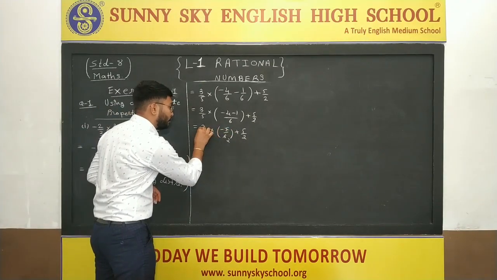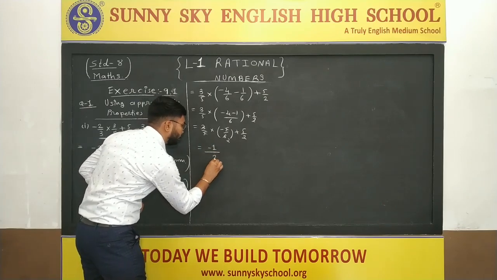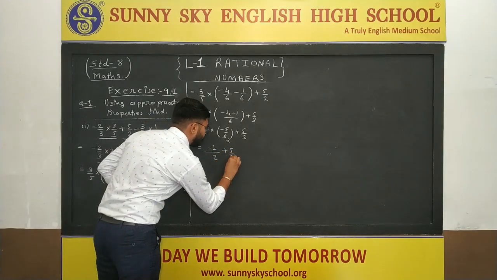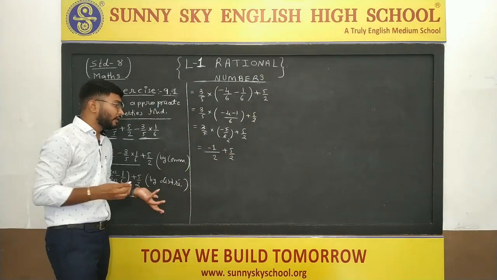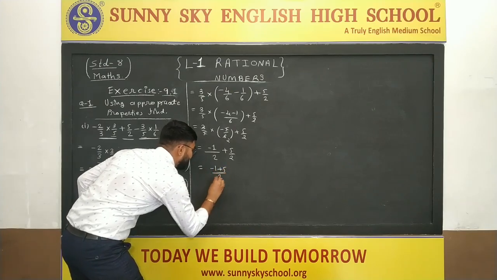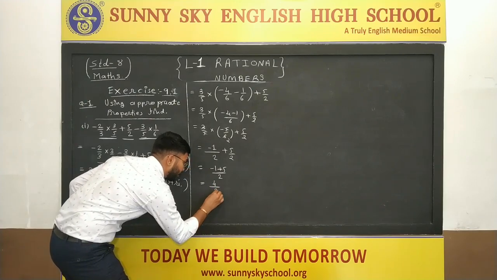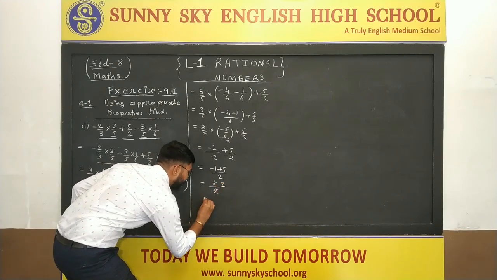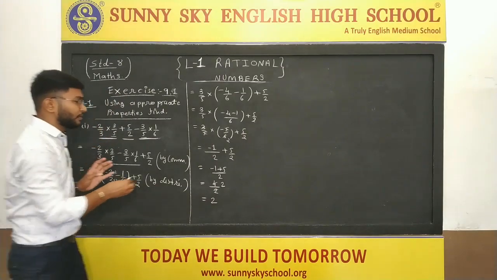Here also 1, here also 1, 1 1s are 1, therefore minus 1 divided by 2 plus 5 by 2. Both have the same denominator, therefore directly we can do minus 1 plus 5 divided by 2. Minus plus minus, sign of the bigger number, 4 by 2, 2 2s are 4, cut, therefore our answer is 2. It is our answer of the first question.